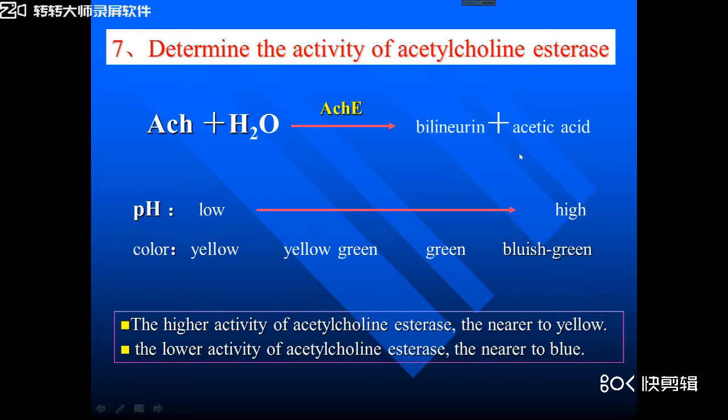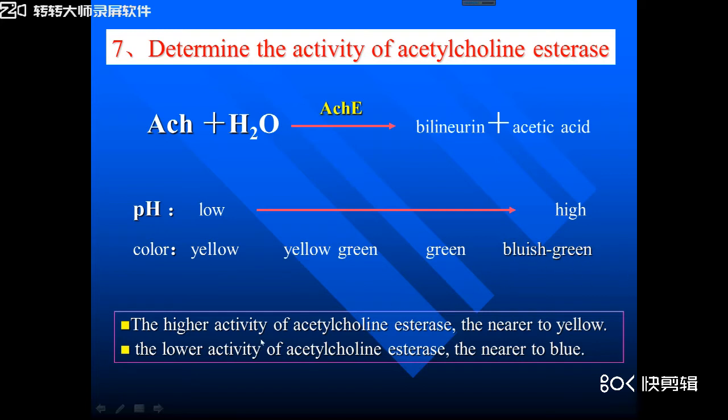And because acetic acid is an acid solution, in accord with the pH value, low pH value means yellow. And as the pH value increases, the color becomes higher and darker than before. So low pH is yellow, and then yellow-green. The darkest is this one, green.